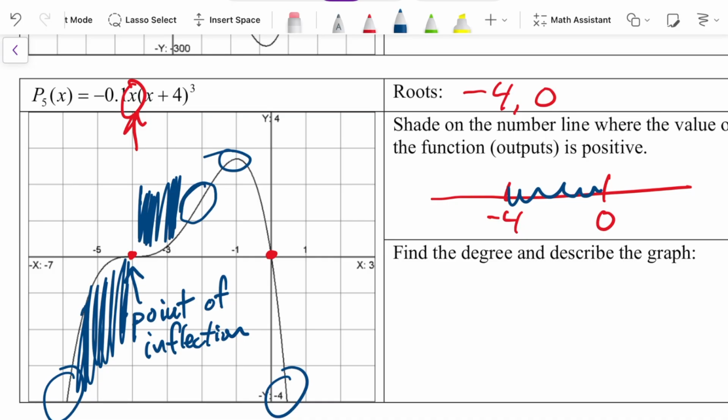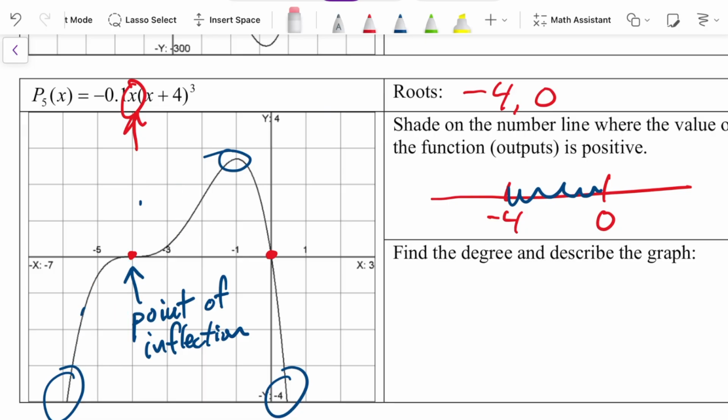Somewhere in here, there's a change in concavity. To know where it would be exactly, you would have to use calculus. But you can see from up here that this is definitely dumping water out. This is a negative concavity all the way to the end of the graph. Well, when the point of inflection is on the x-axis, you have a point of inflection and you have to count the degree this way. 1, 2, 3, 4.